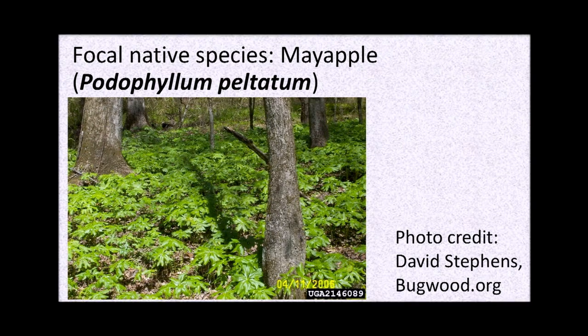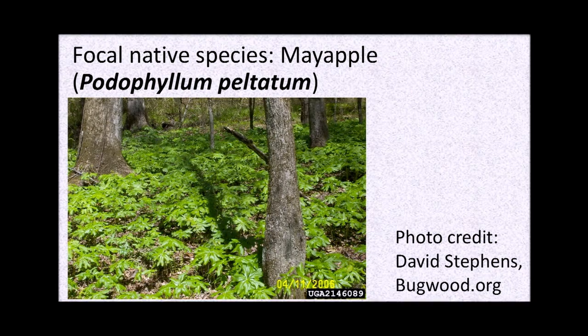So we thought that a nice plant to look at for our study system here would be Mayapple. If you've gone for a hike in the woods around here, you've probably seen Mayapple. It looks like a little umbrella on a stalk. It's a very common species, and it's a long-lived perennial, like many of our native species in this area.